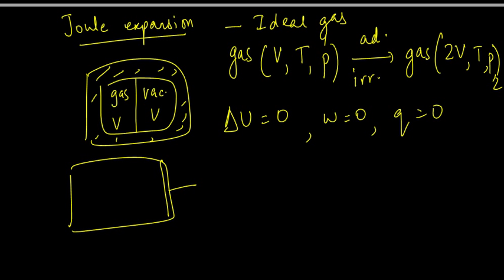Not adiabatically. Isothermally I can do because the temperature is the same. If I have to do it reversibly, I can't do it adiabatically, right? So let's use isothermal compression.